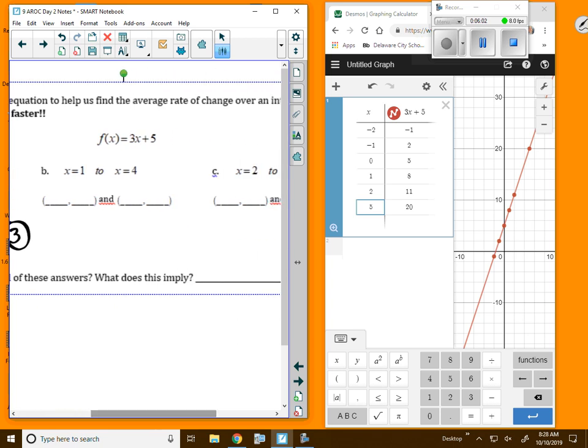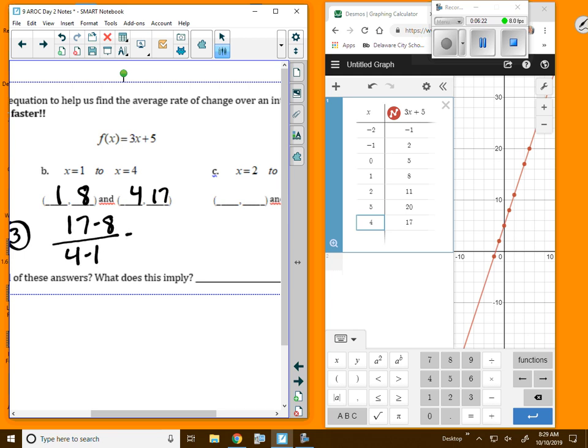All right, so 1 corresponds to 8. We don't have 4 up here yet, so let's put 4 in. 4 corresponds to 17. You should be getting 3 for that one as well.